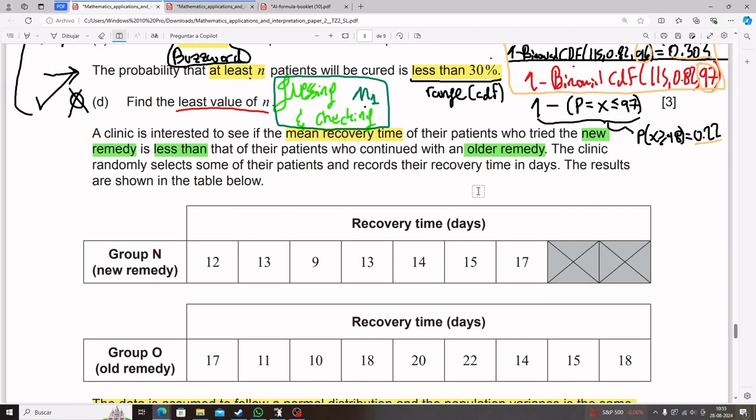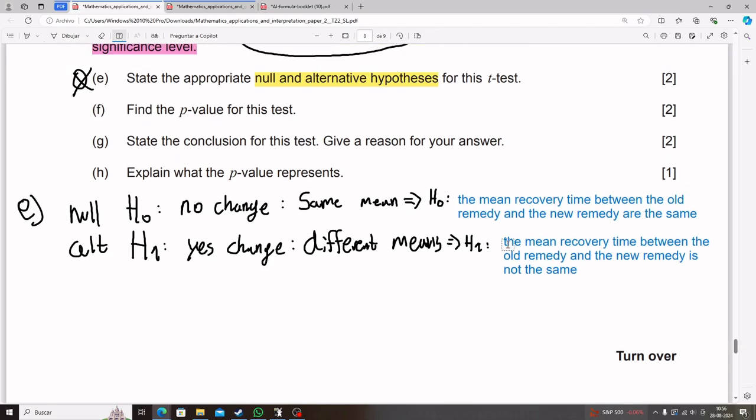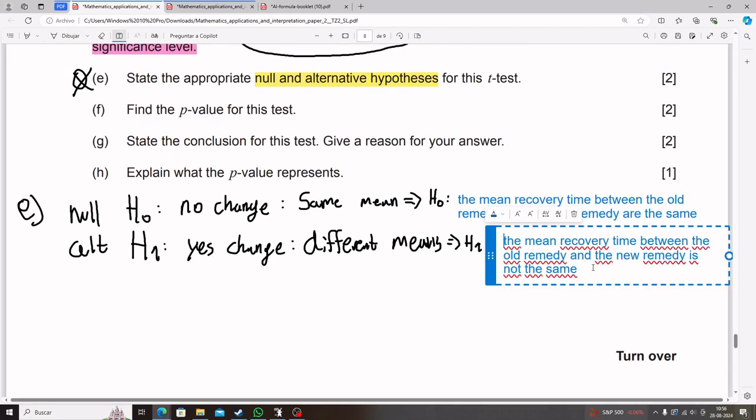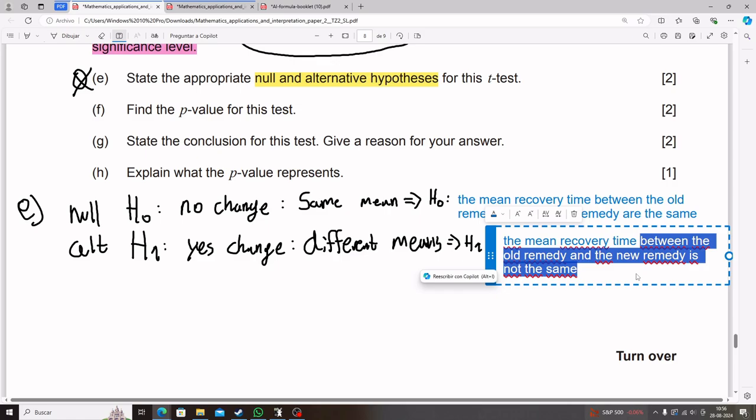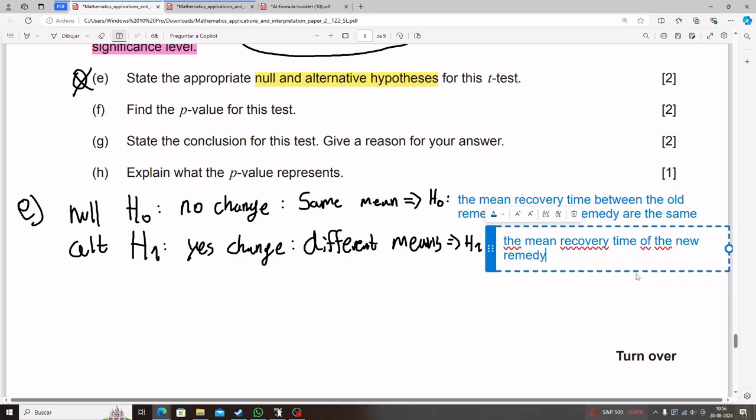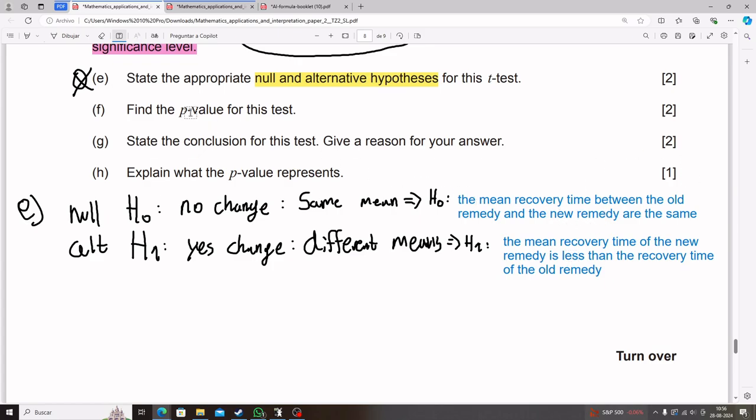And in this context, they're specifically looking for the new remedy having a recovery time that is less than the older remedy. So specifically here, you gotta go after what the experiment is being used for. So it's not only that they're not the same, it's actually that the mean recovery time of the new remedy is less than the recovery time of the old remedy. ¿Vale? So in terms of words, that is how you can put it.